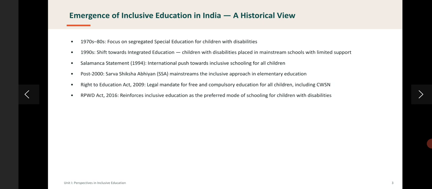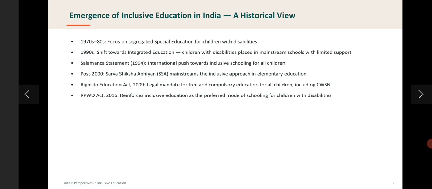This was to ensure the right of every child to education. In this, the government of India has created numerous policies for special education since the country's independence. It had been preparing, but much attention happened in the 70s to 80s.